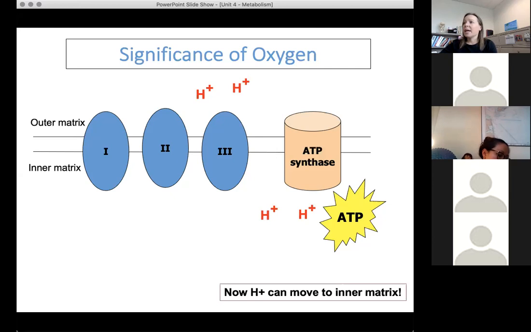Each FADH2 molecule will lead to the production of 1.5 ATP molecules. So if you have 2 FADH2, 1.5 plus 1.5 is 3. So that'll lead to the production of a total of 3 ATP.